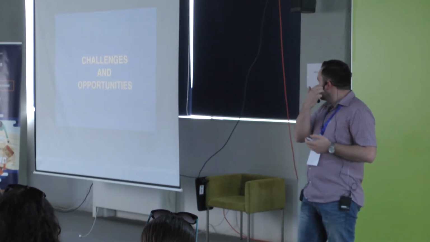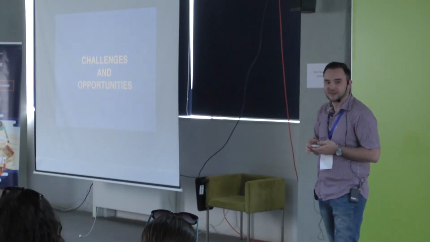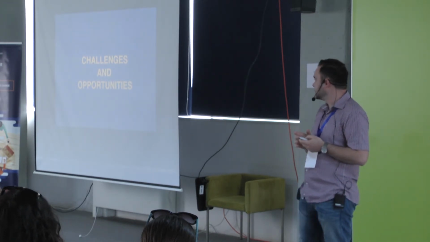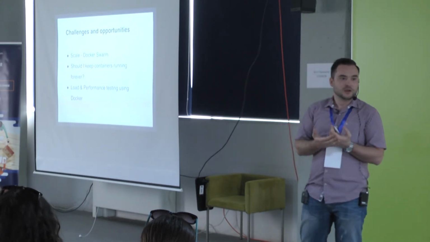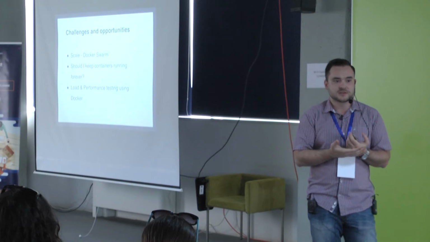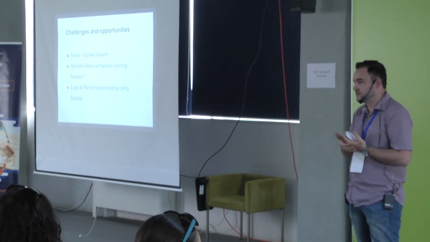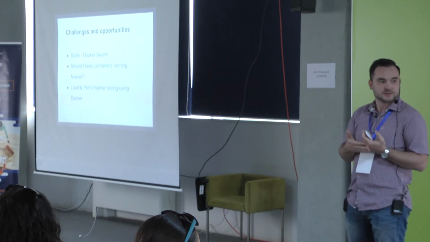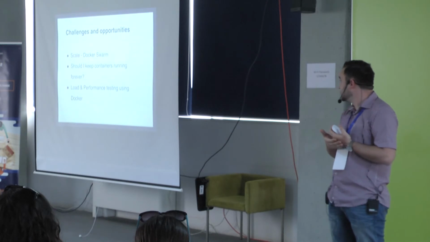I want to tell you about some of the challenges that we had. So we have the container as a service. We have a lot of containers running, 500 plus users, everyone running some test automation, some Selenium testing. Selenium is very resource consuming, and we had a scale problem using Docker.